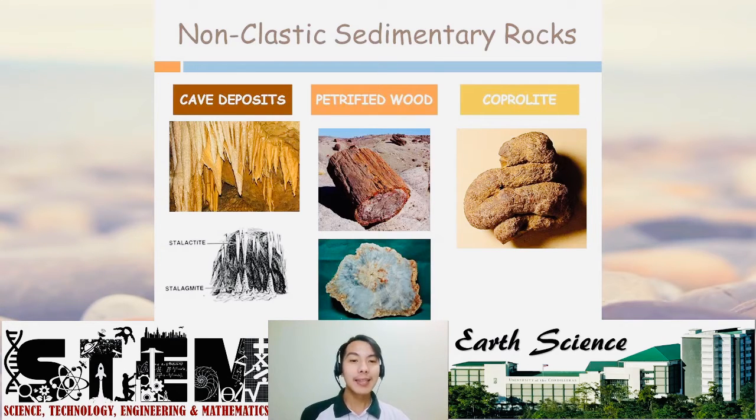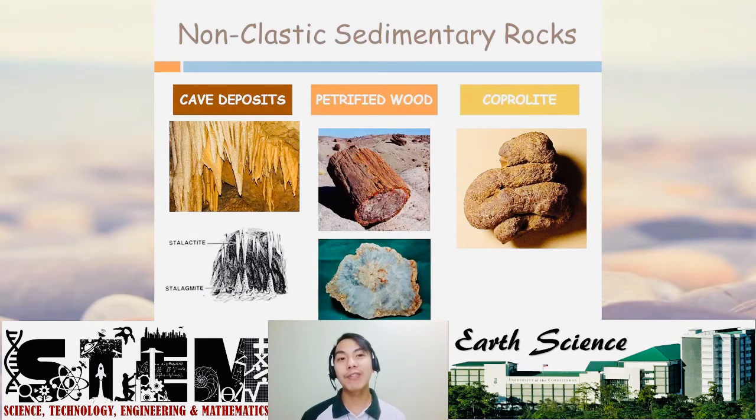So probably this is waste coming from an animal, for example a horse. After defecating, the object got petrified or lithified. It combined with sediments from the surroundings, and eventually it became a rock, which we call coprolite.